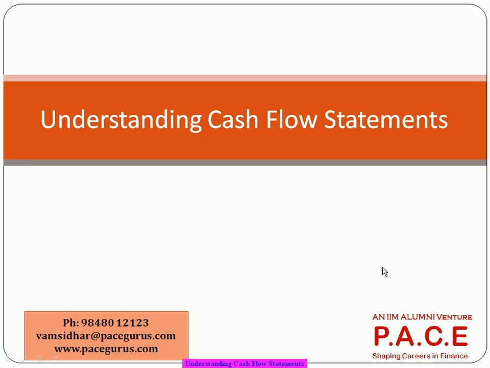The intention is to bring in a more realistic picture, because the P&L statement goes with some accounting norms and accounting standards, whereas the accounting norms may or may not be equal to the reality, the real cash that is available in my accounts.